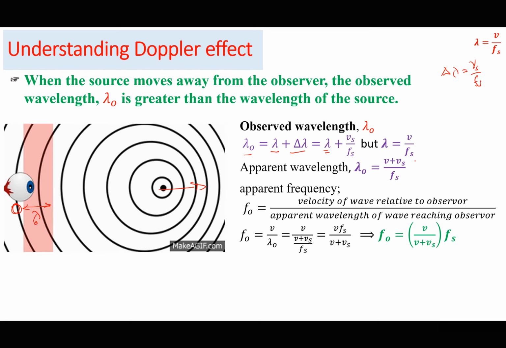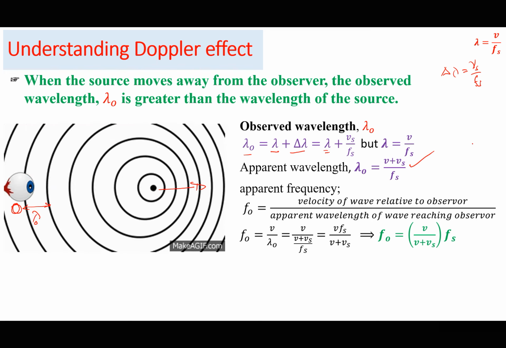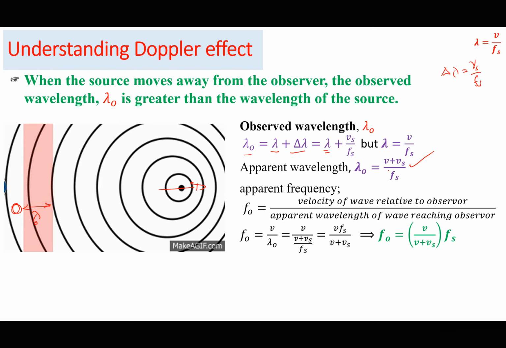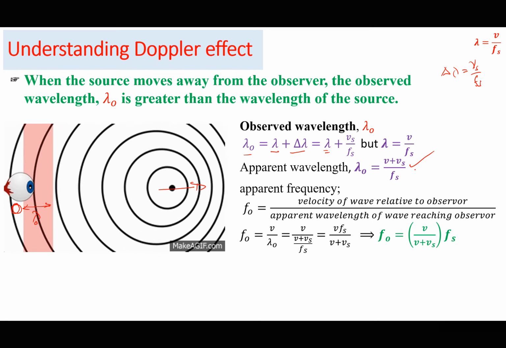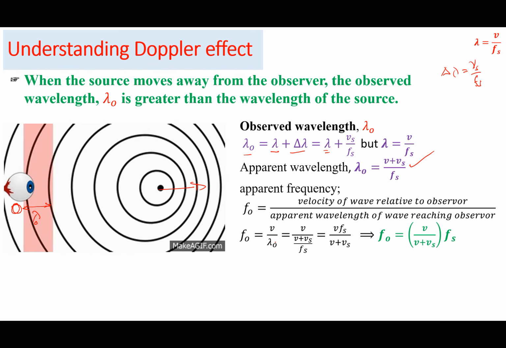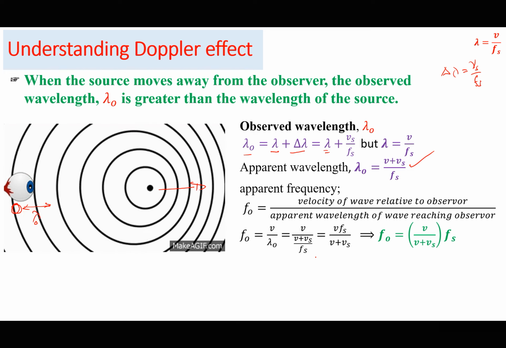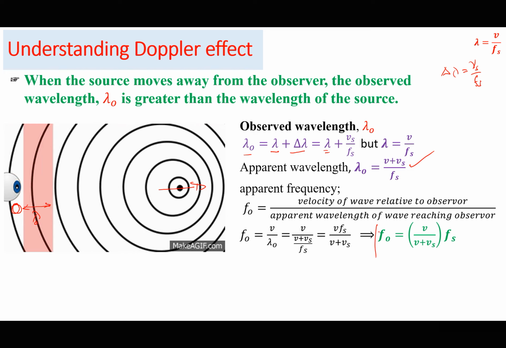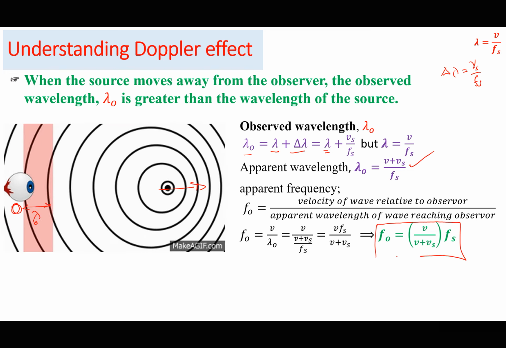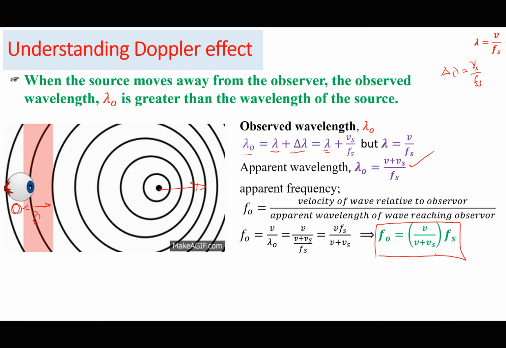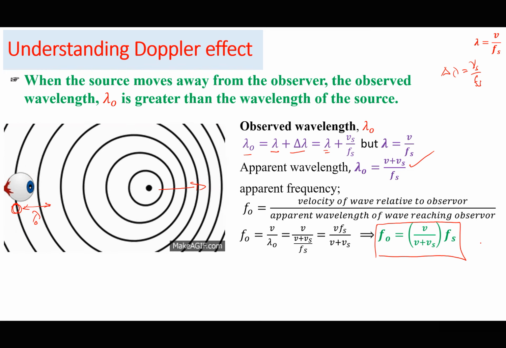This gives us the apparent wavelength as V plus Vs over Fs. Therefore, the apparent frequency is going to be V over lambda naught, which when we simplify, is equal to V over V plus Vs times Fs.